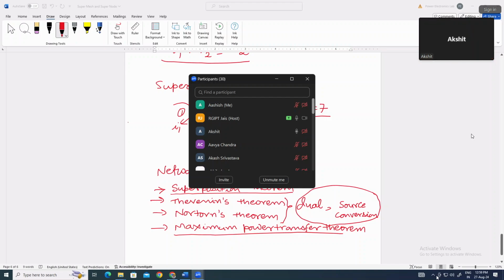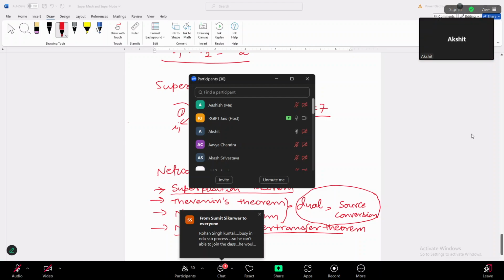Sir, I submitted 8 minutes late, and it is showing turned in late. Yes, it will, because there is a due time. Yes, sir, I also mailed you personally 2 minutes back. No issues. From next time, try to submit well ahead of the deadline. Yes, sir, next time it won't happen. Sorry, sir. Okay, no issues.